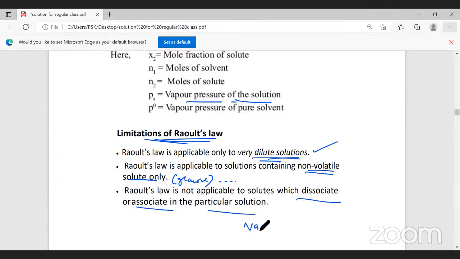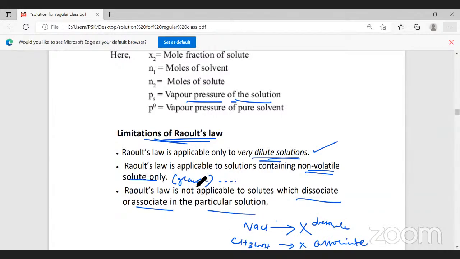So that means NaCl we cannot use because it will dissociate to form Na plus and Cl minus. Acetic acid we cannot use because this acetic acid will associate. That means acetic acid will combine with each other. Here it will dissociate. So therefore we cannot use this.